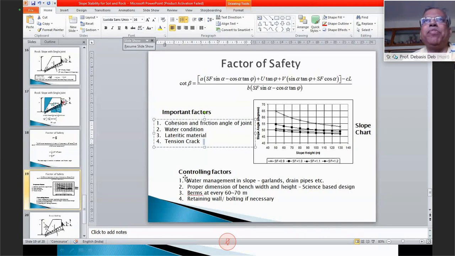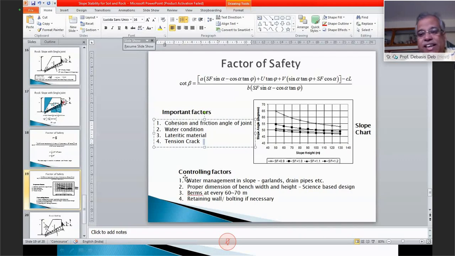That's why Barton said you can find JCS by the Schmidt hammer, then the friction angle from JRC if we can find out the profile.